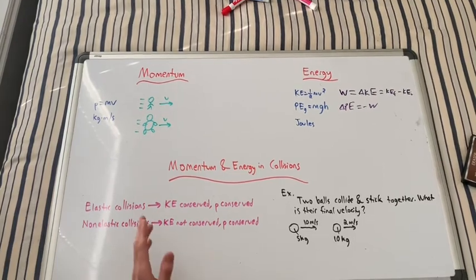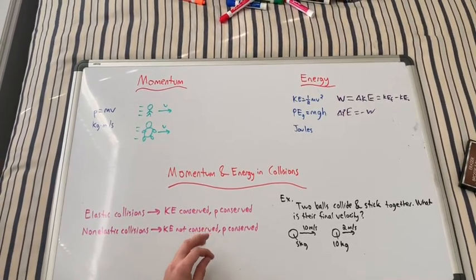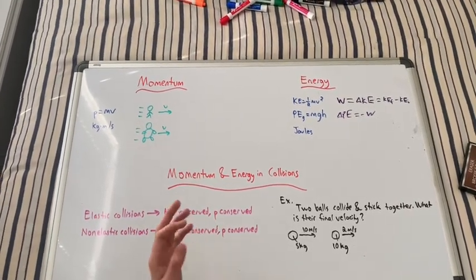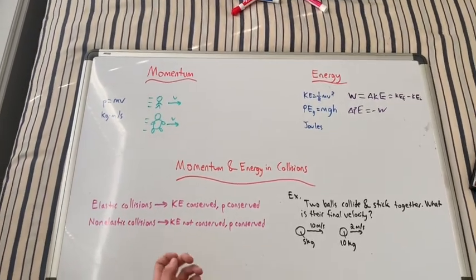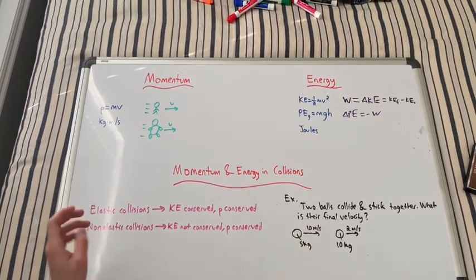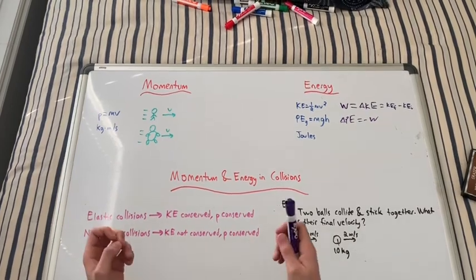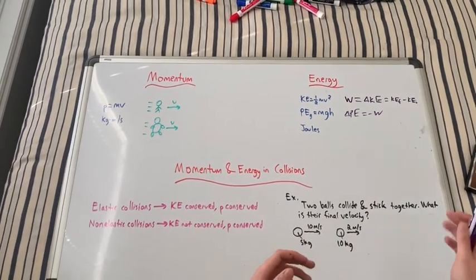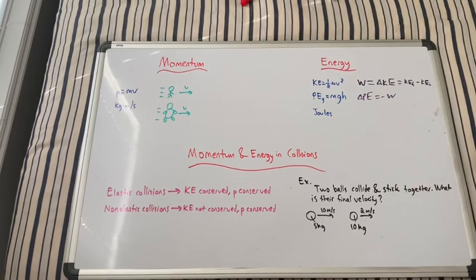In perfectly elastic collisions, kinetic energy is conserved. In the real world, most collisions fall in between perfectly inelastic, which is when two objects stick together, and perfectly elastic.